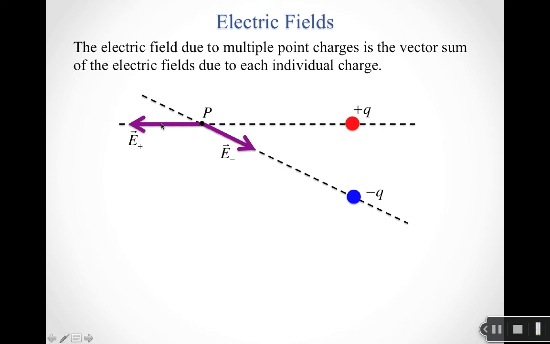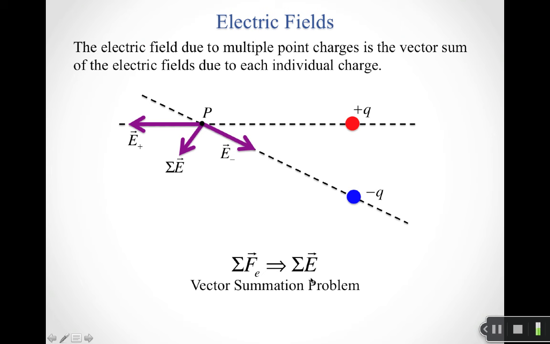The contribution from my positive charge will point away from it. So what we're going to do is figure out the contribution from each of our individual point charges, and then we just have a vector addition problem. In this case, the vector sum is going to point something about like this. Again, notice it's just a vector summation problem.